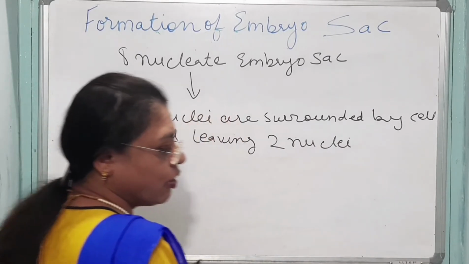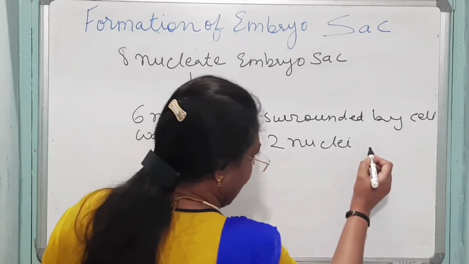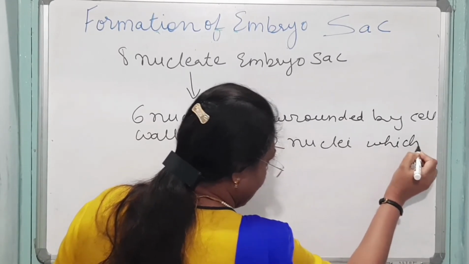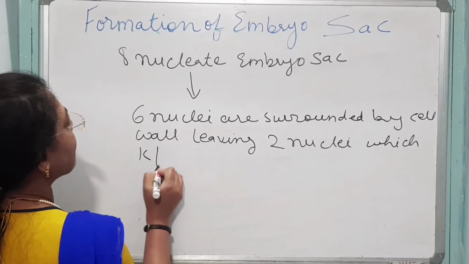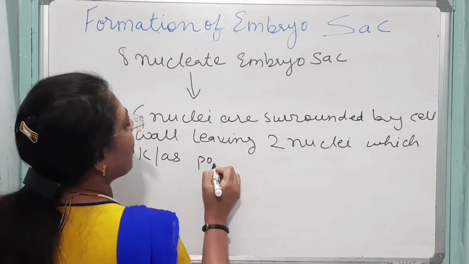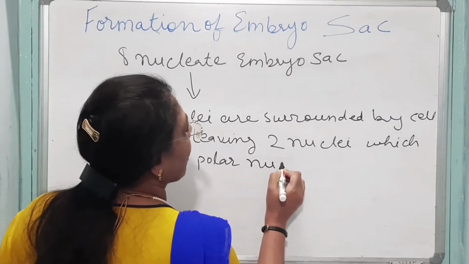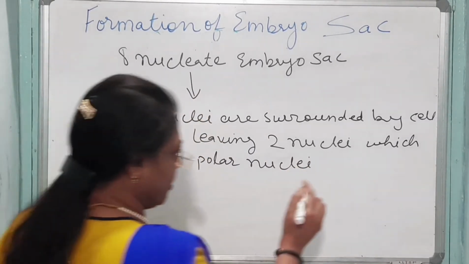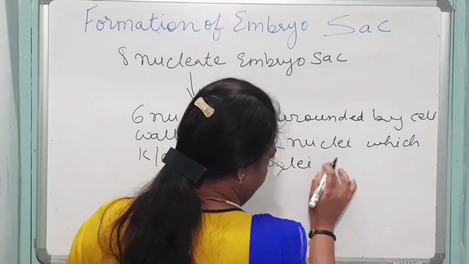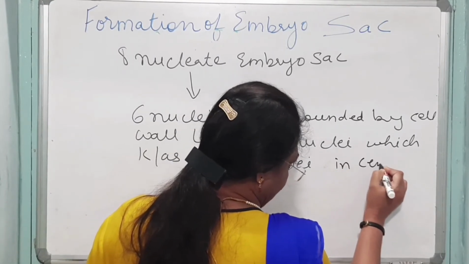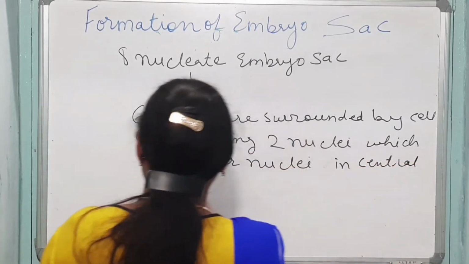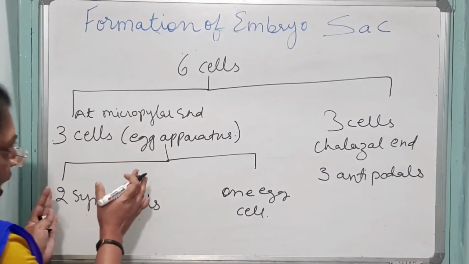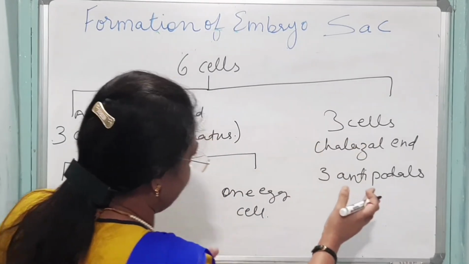These are known as polar nuclei, and they occupy the central position in the central cell. So there are 6 cells, 3 on the micropylar end and 3 on the chalazal end.